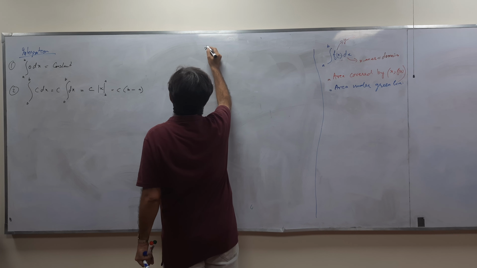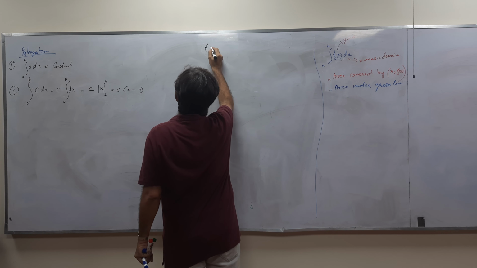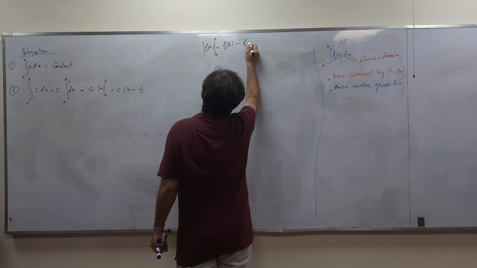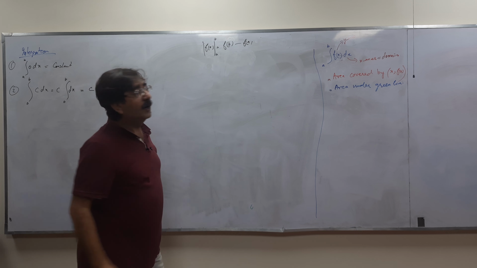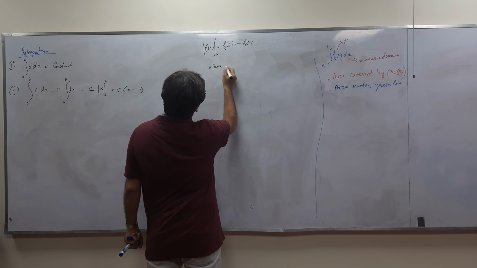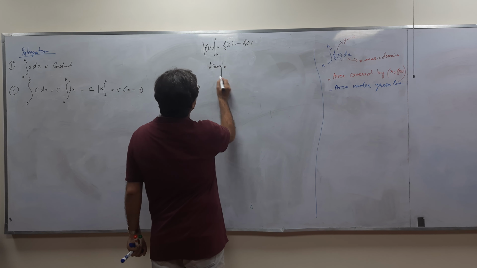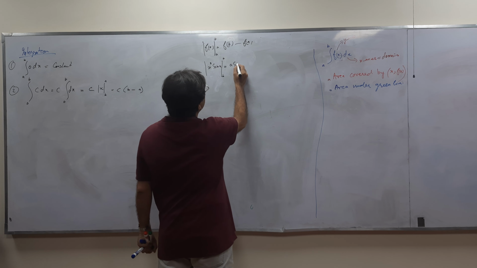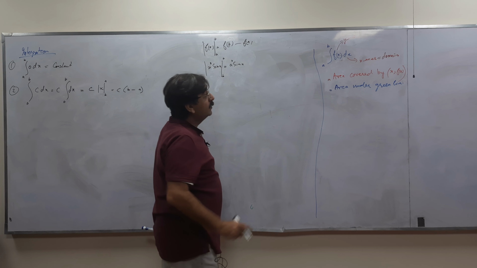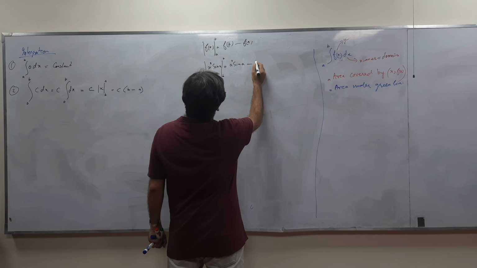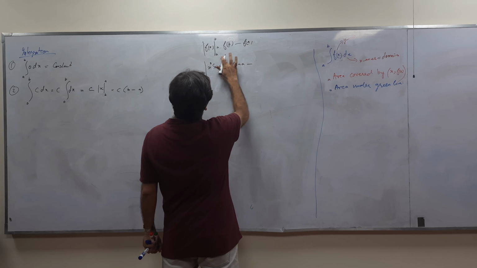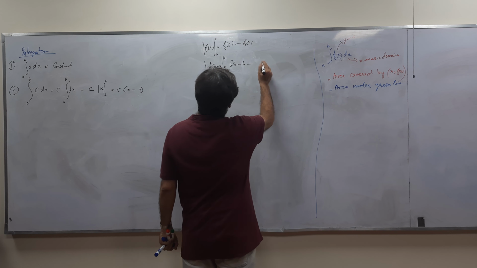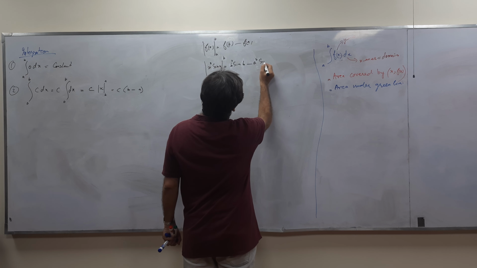Always remember that if there is something like x cube or f x, and we are considering the limit from b to a, that will be f b minus f a. Remember this method. If it is x sin x cube, and I consider b to a, firstly you put the x value a, then minus b.